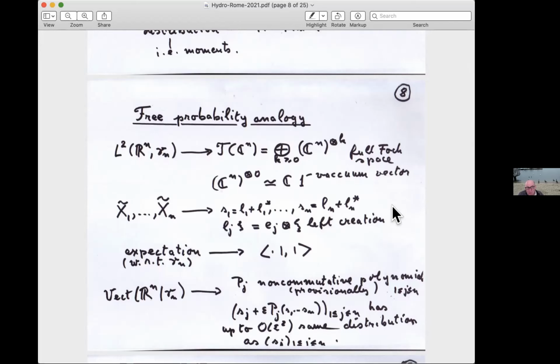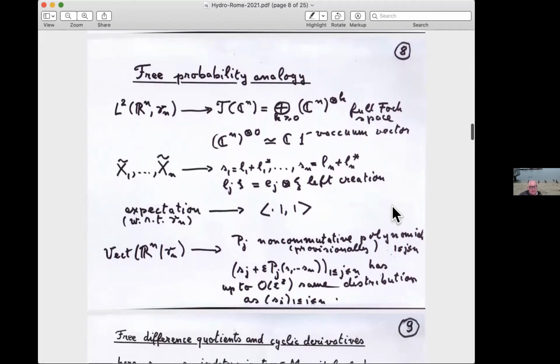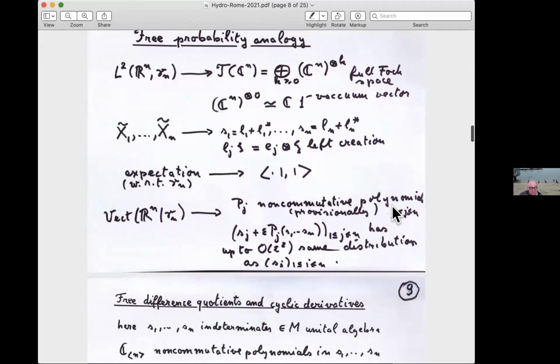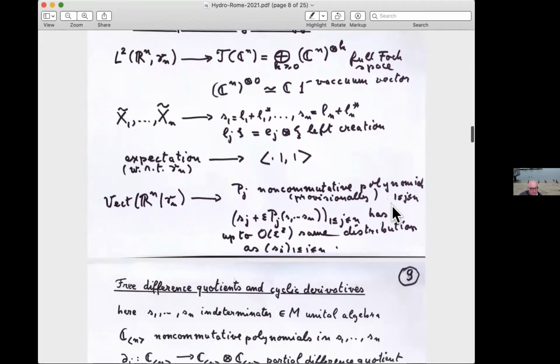And these have moments with respect to the vacuum expectation. And one requires that the polynomials be such that up to order of epsilon squared, these moments should be the same. They change only at higher order in epsilon, but the first order is no change. So these are the vector fields.